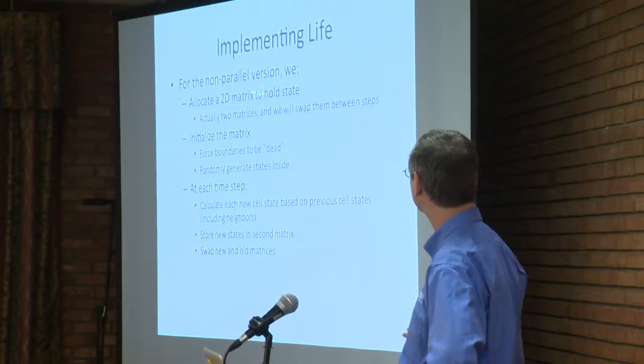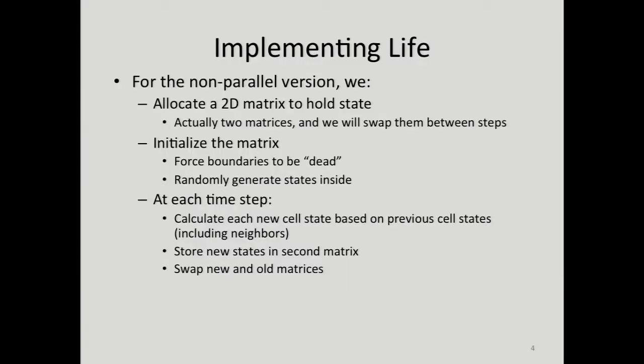Okay, so one of the ways to look at this is, how would I implement this in serial? We create an array to hold the state. I'll actually do 2 so that we can easily swap between them. If I was really memory poor, of course, there were ways to avoid that, but this makes the code much simpler.